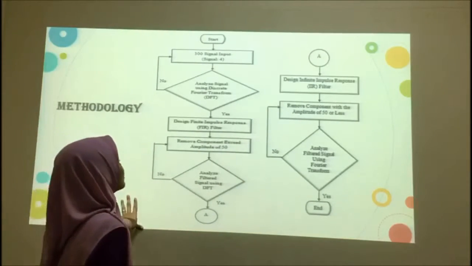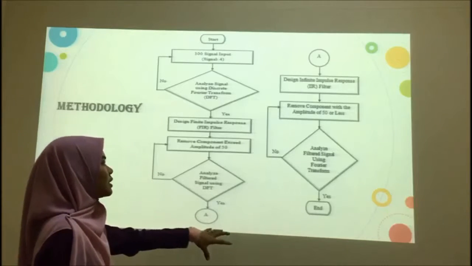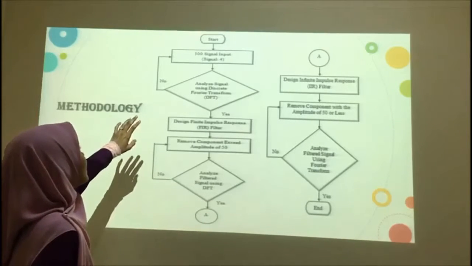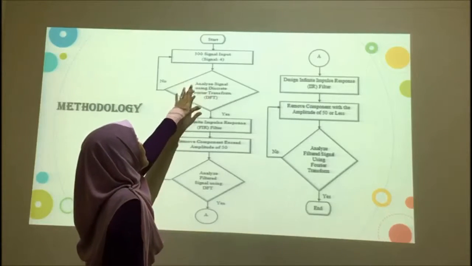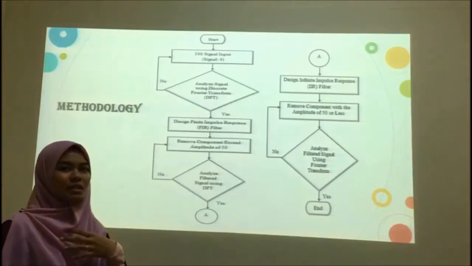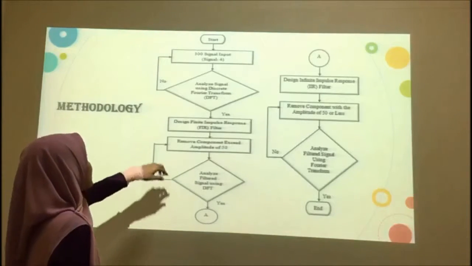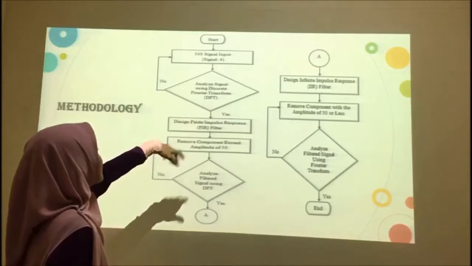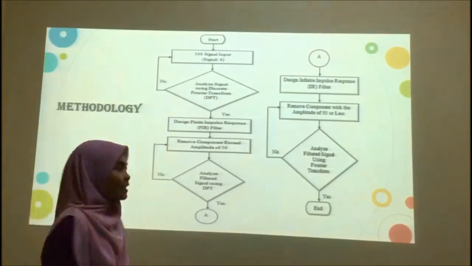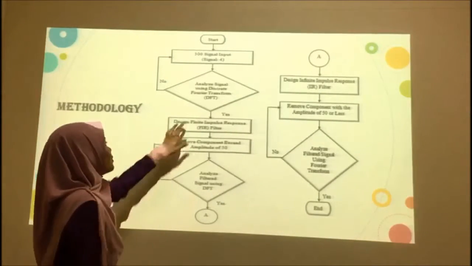This methodology combines 3 questions. For the first question, the input is a 300 signal frequency, and our group got signal 4, and then we need to analyze the signal using the discrete Fourier transform, DFT.